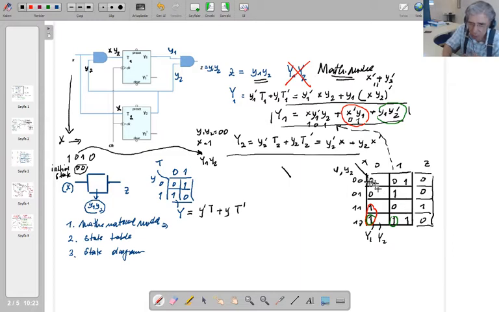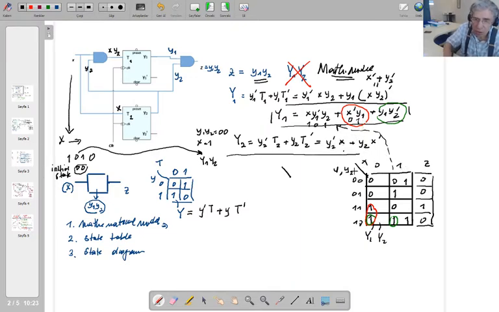In this subcube, the y2 value is not changing, while the y1 value is changing. So y1 disappears, y2 prime is going to come in for these two ones, while x is equal to 1.